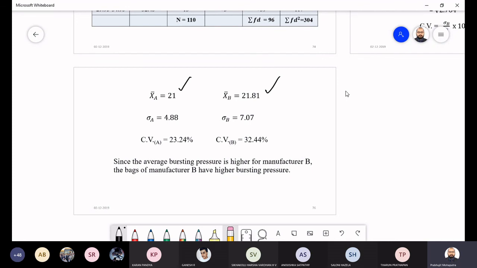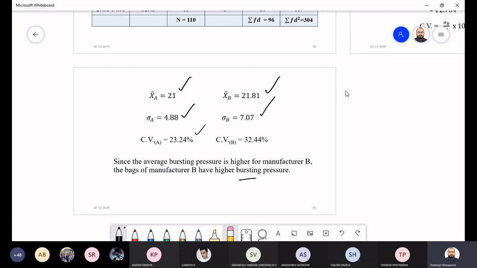The standard deviation here is 4.88, and here it is much higher, 7.07. Since the average bursting pressure is higher for manufacturer B, the bags of manufacturer B have the highest bursting pressure.